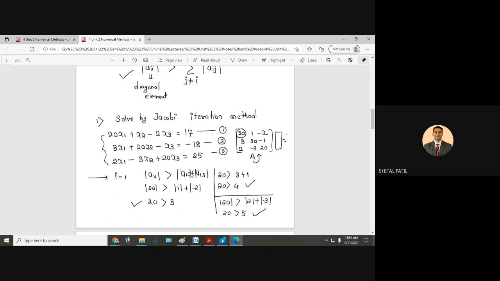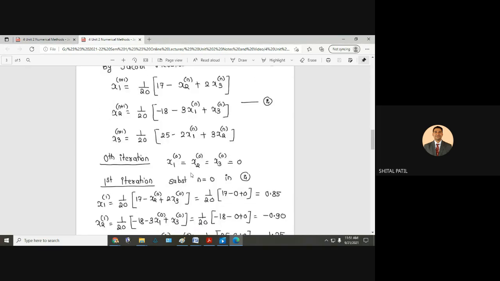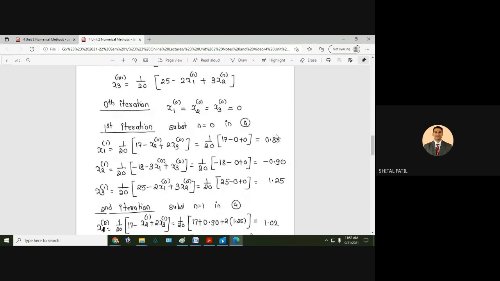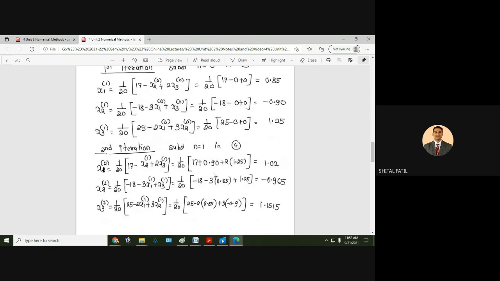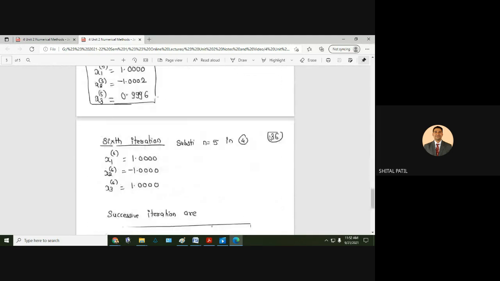Then I think in the previous lecture we solved one example. This was the x1 n plus 1 iteration for the given system of equations. Then we started with the 0 iteration as 0, 0, 0: x1 equal to 0, x2 equal to 0, x3 equal to 0. Then we obtained the first iteration, and using the first iteration we obtained the second iteration, and so on.